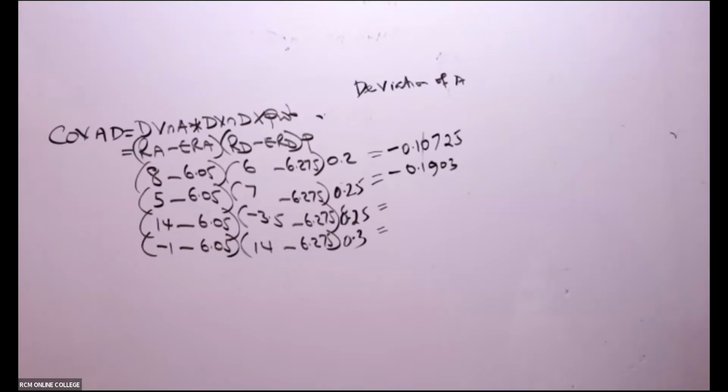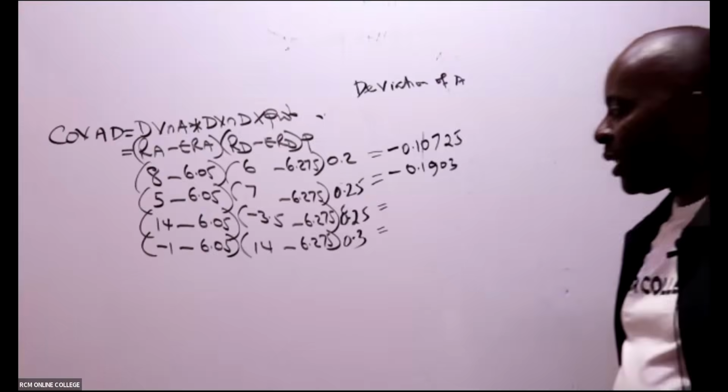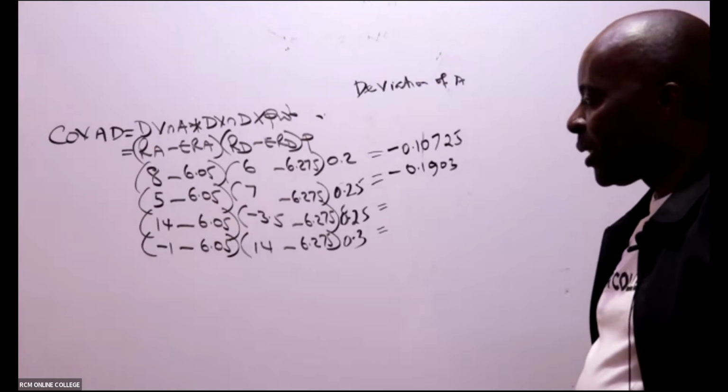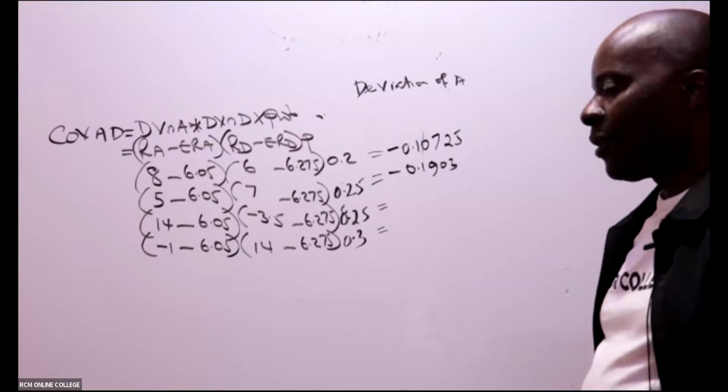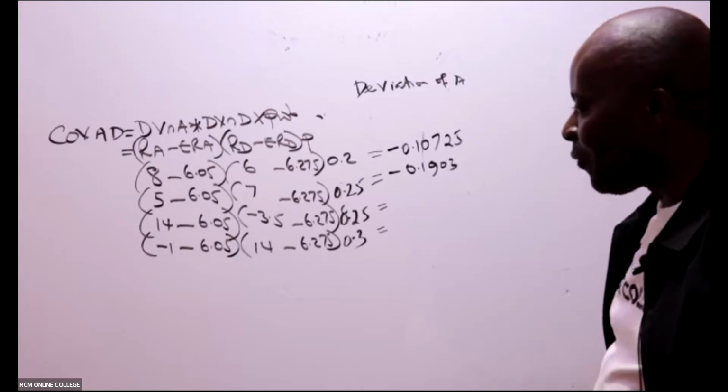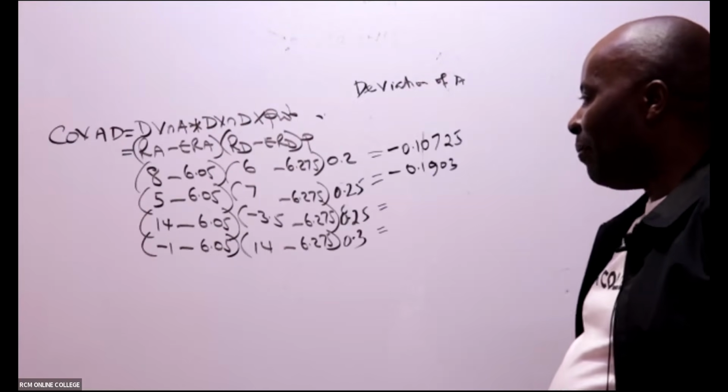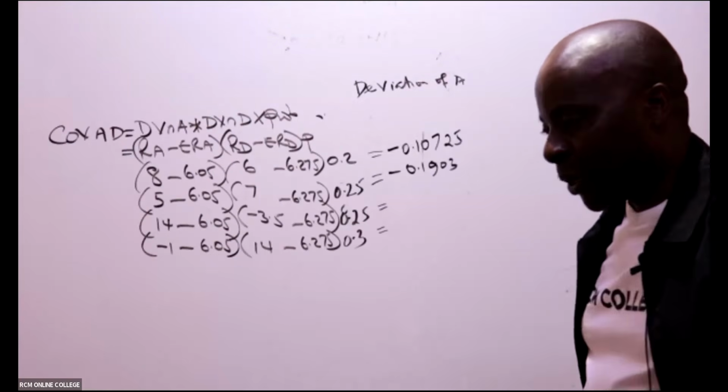Now we are on the third one. Open brackets there, 14 minus 6.05, close bracket, times minus 3.5 minus that key number, times 0.25.